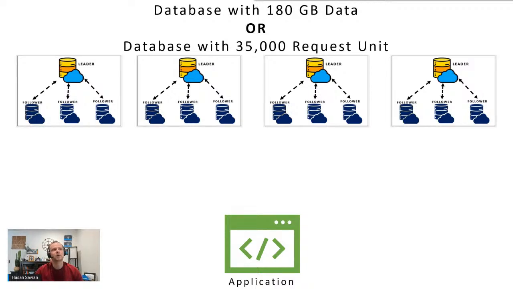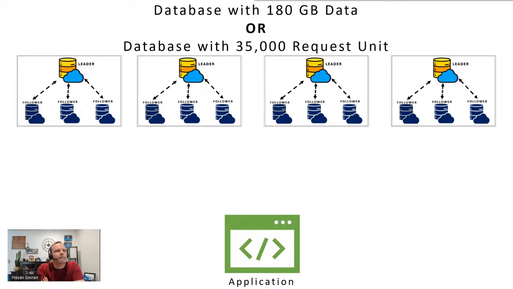But the problem is, for example, if you turn it to 35,000 request units, you end up with 4 physical partitions. And don't think that when you scale down to 8,000, you're going to end up with 1 physical partition. That's not going to happen. You're going to keep 4 physical partitions, and Cosmos DB is not going to merge that data back if you scale down your application.